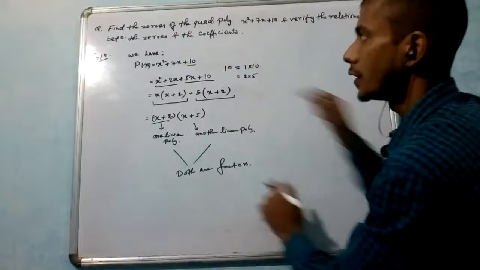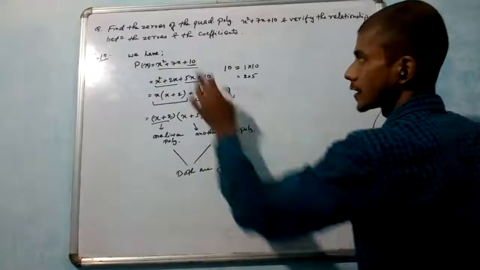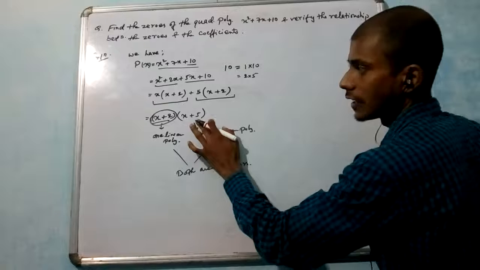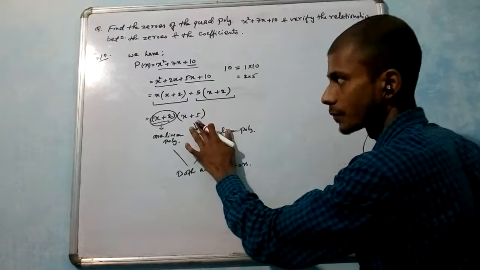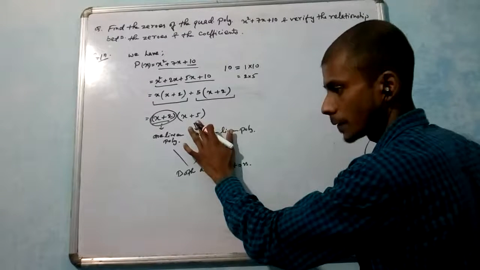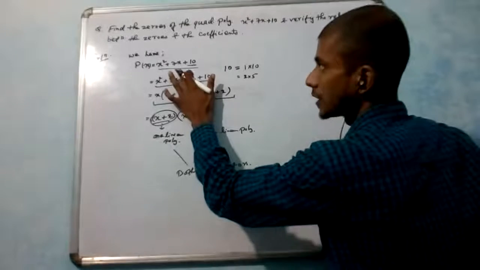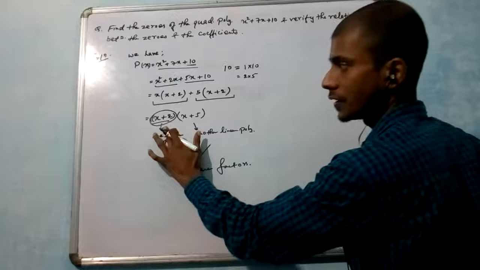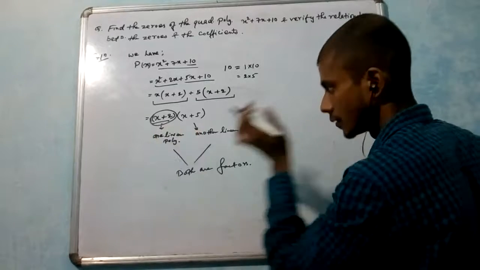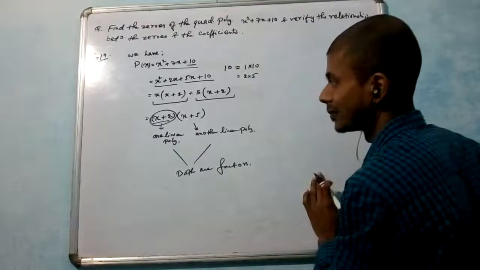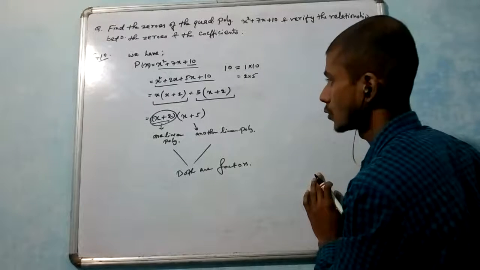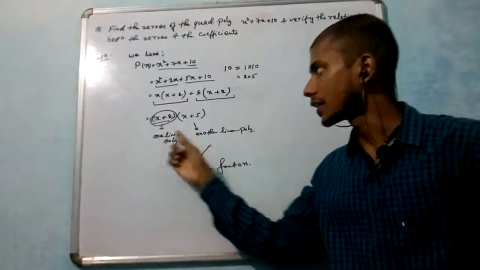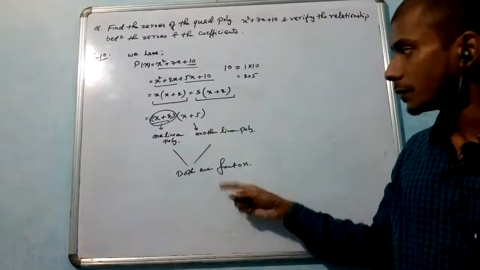If you divide x square plus 7x plus 10 by this, you will get this in the quotient and remainder 0. Are you getting it? If you divide this polynomial with this factor, what you will get? Quotient this and remainder 0.